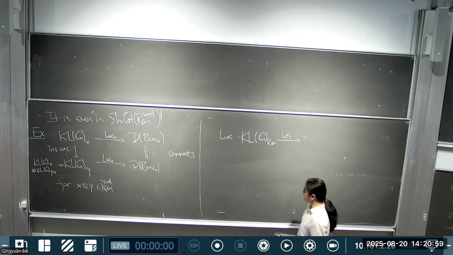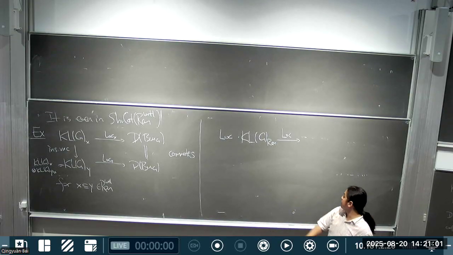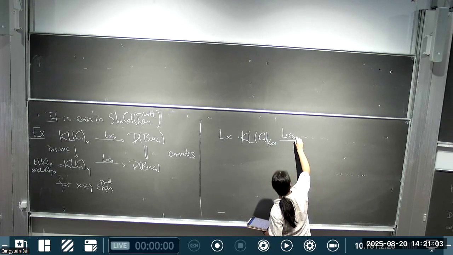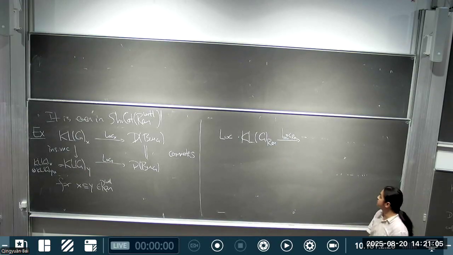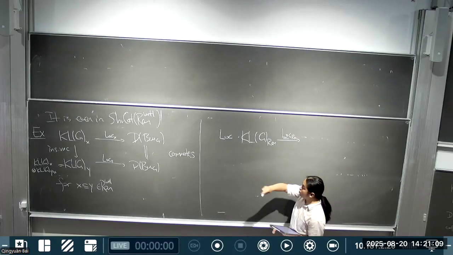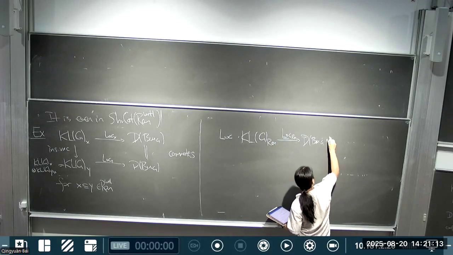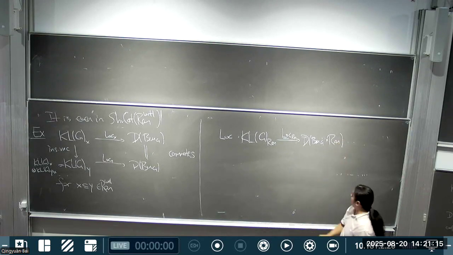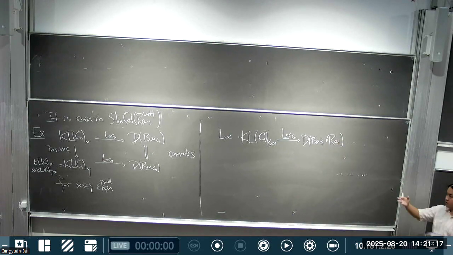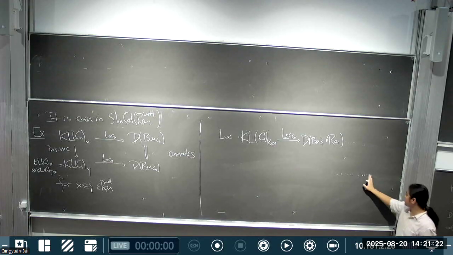And by functoriality, we can apply this underlined loc and take its section at this Ran, so you get a functor from this thing to the global section of the right hand side, which is just D-bound G times Ran. Because the global section of the constant shift would give you D-modules on the space.